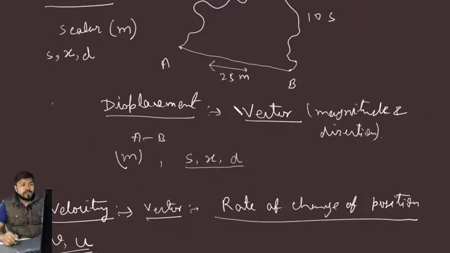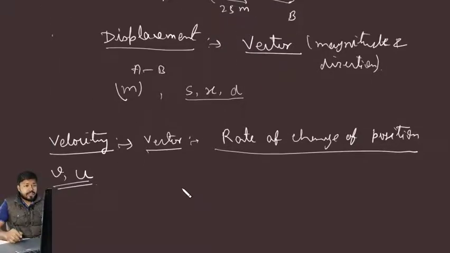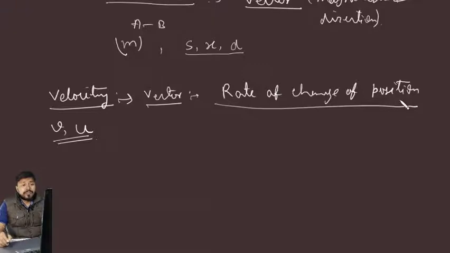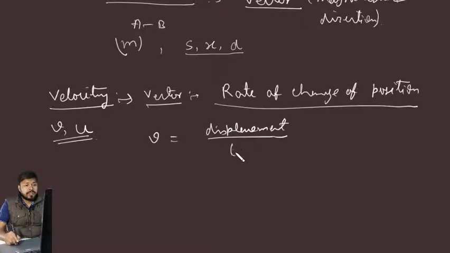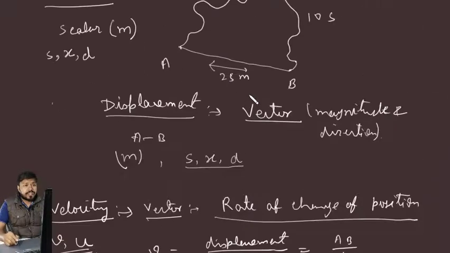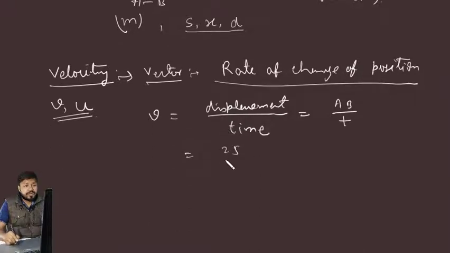Okay, now while talking about velocity, as I said, velocity is the rate of change of position, so we can say that v equals displacement divided by time. That means here the length of AB divided by time t, AB is 25 meters, so 25 by 10 equals 2.5 meters per second.